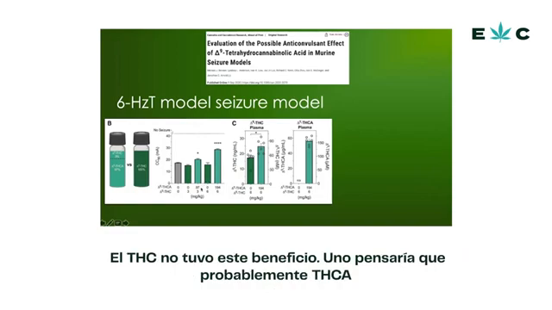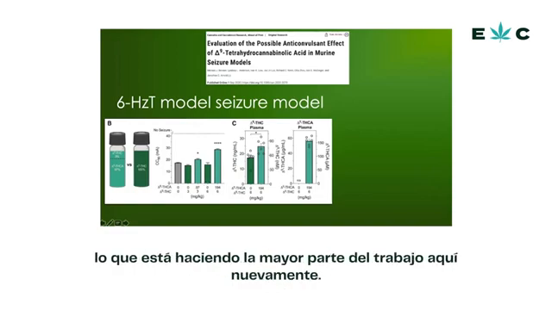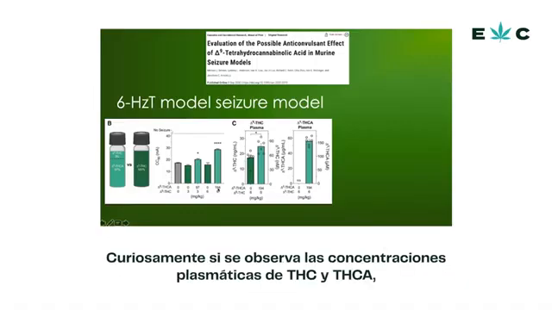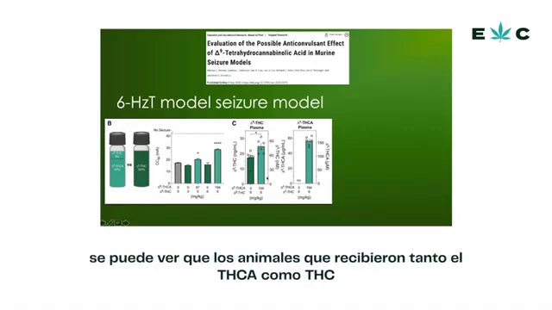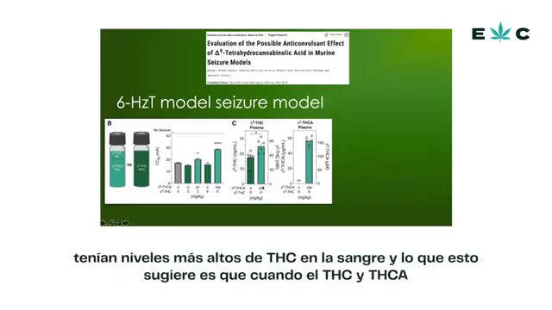So one would think, oh, it's probably THCA that's doing most of the work here. Again, interestingly, if you look at the plasma concentrations of THC and THCA, you can see that the animals that received both the THCA and the THC had higher levels of THC in their blood.